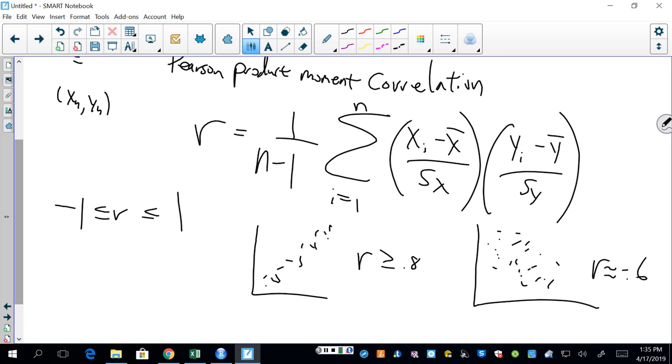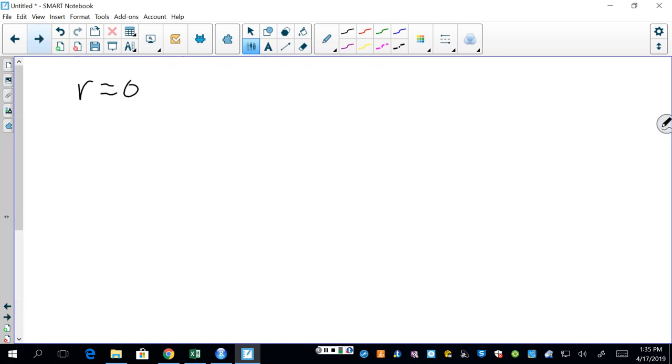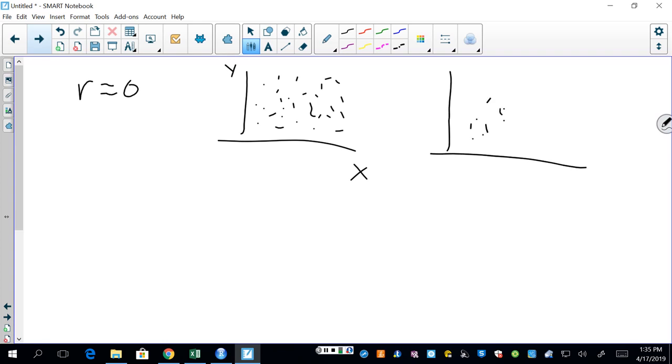R near 0 is basically no linear association. You could have points that are just all over the place between X and Y, and not much of any relationship at all. You might have an up and down relationship. It might go up for a while and then down. So there could be some pattern here, but it's not all up or all down. It could be more diverse. And you could have some funny things, like a bunch of points over here, and then a couple points over here.